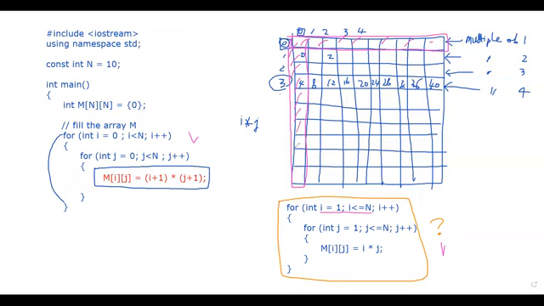Two lines will be excluded. And there is one more problem. If it goes up to 10, then the computer will fill data in row 10, column 10. There is no column 10, row 10. Rows are from 0 to 9. There is no row 10.